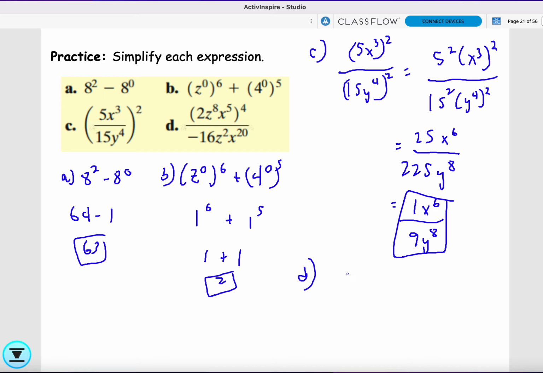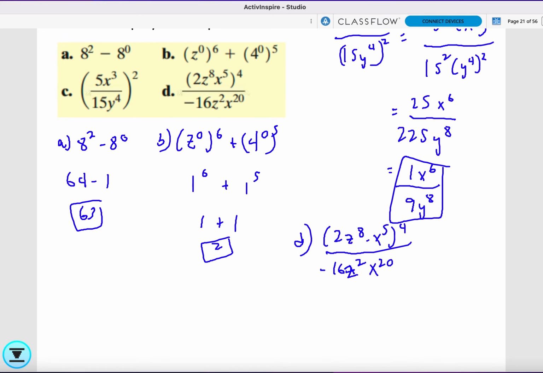D actually has a lot of mess too. So then we'll get 2z to the 8th, x to the 5th to the 4th power over negative 16z squared x to the 20th. So what happens here?